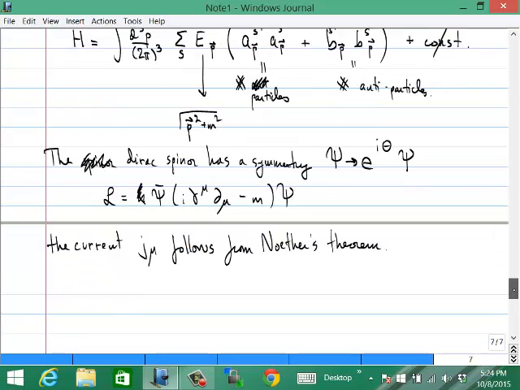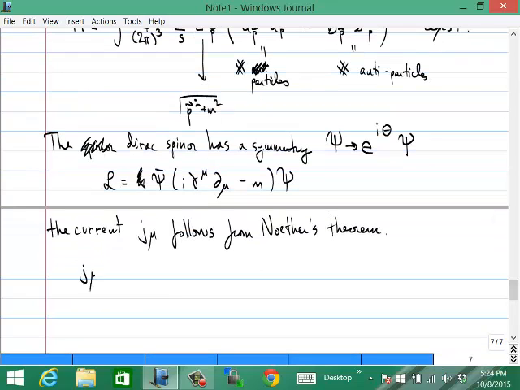So in particular, what is the current? Well, the current is the variation of the action, or the Lagrangian, with respect to, well, in general, it's with respect to the field, times the variation of the field.